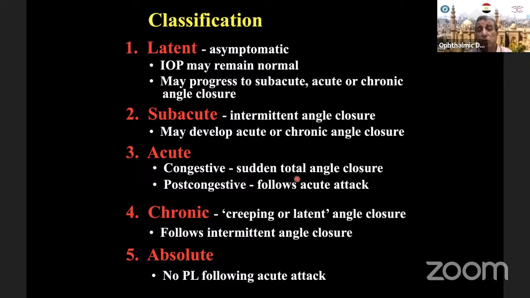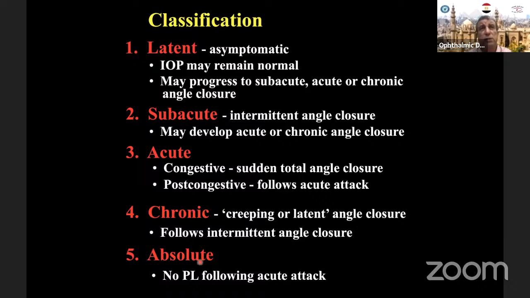This is a sudden total angle closure with a sharp rise in intraocular pressure, and it might go to post-congestive stage and follows the acute attack. Chronic angle closure, or creeping or latent angle closure, follows intermittent attacks or is a sequel of the acute angle closure.